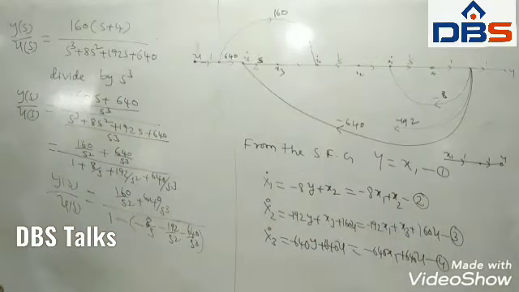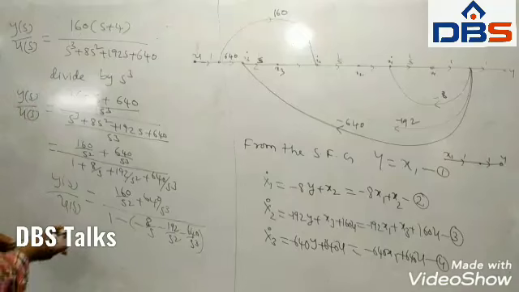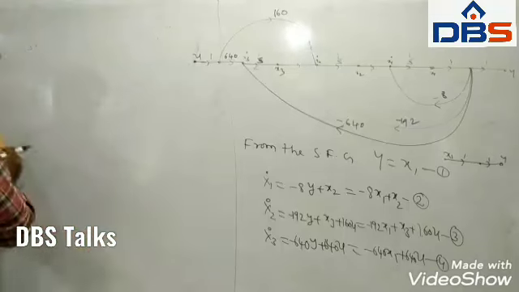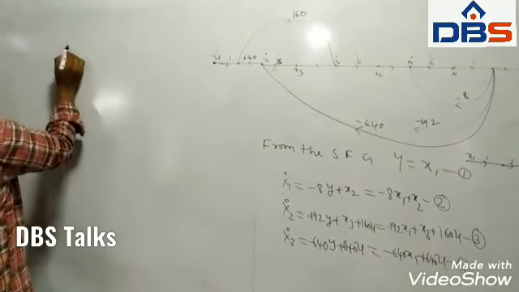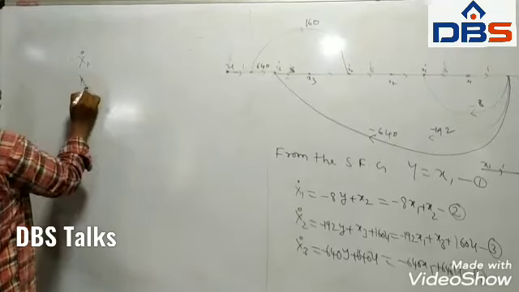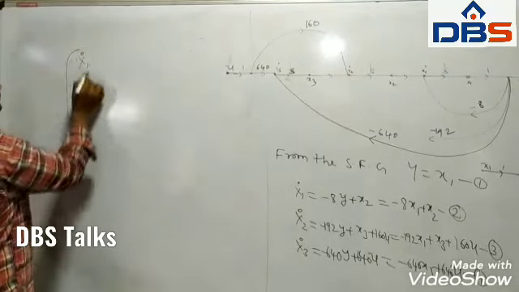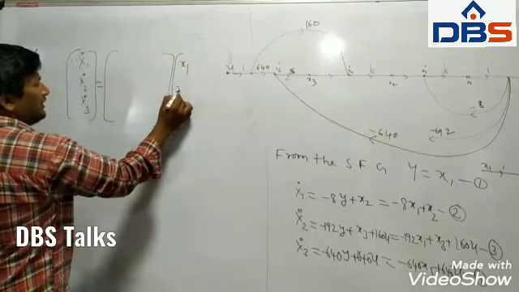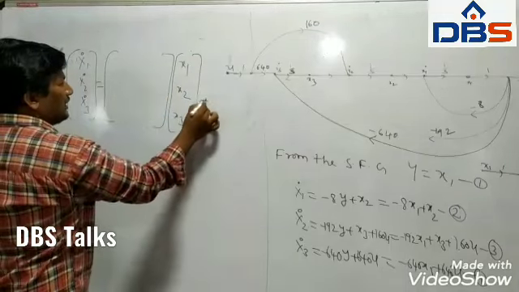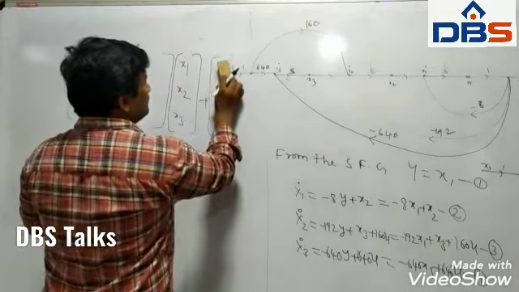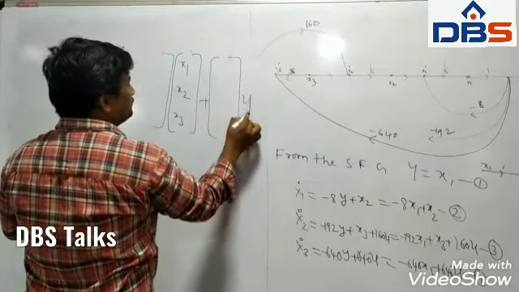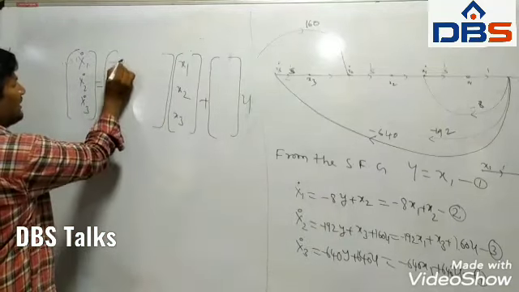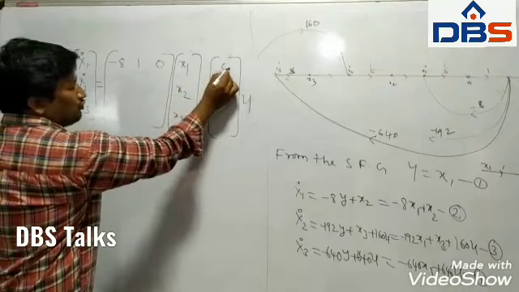Now from equations 2, 3, 4, we have to develop a state model of the system. So as usual, x1 bar, x2 bar, x3 bar equal to, in terms of x1, x2, x3 and u. From equation 2, minus 8x1 plus x2, that is minus 8, 1, 0, and u also 0.